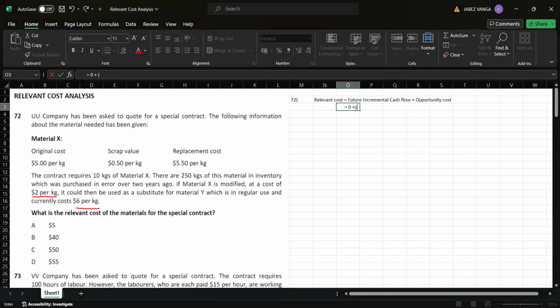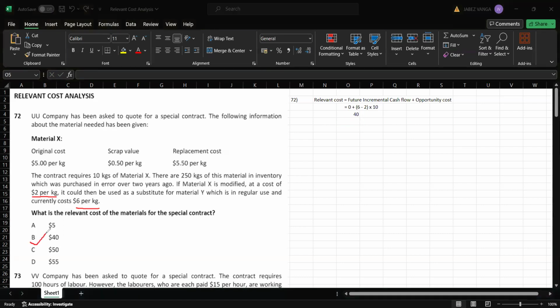That is, we see that $6 can be saved, but after spending $2 on modification cost per unit, into 10 units. So we have it as 6 minus 2 applicable for all 10 units, which is equal to 40. So option B is the answer. I hope that's clear.